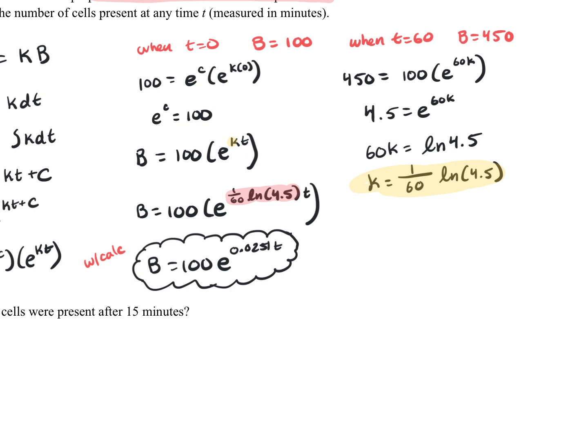But if we weren't using a calculator to do a decimal approximation, we can still simplify it a little bit more. So we have 100, and e to the power of natural log of 4.5 will just reduce down to 4.5, but the 1/60t would still be in our exponent, so 4.5 to the power of t over 60.